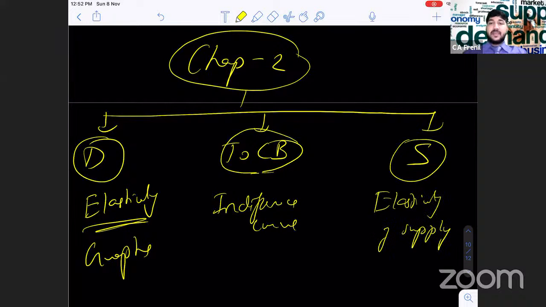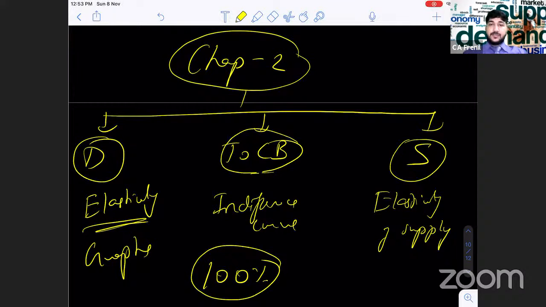So if you ask me what the key topics in chapter 2 are, these are the key topics. These have to be 100% studied. If you can study them 10 times, do it, okay, because most of the questions are asked from this area.